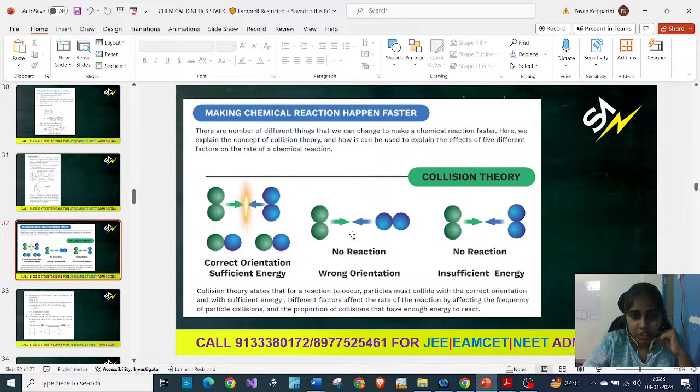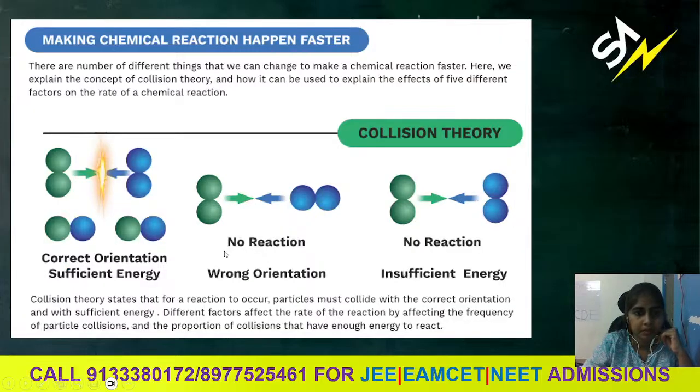In this picture we can see correct orientation with sufficient energy. In this way, if the orientation takes place with sufficient energy, products will be formed. If the orientation takes place in this opposite way, no reaction happens, which means it is a wrong orientation.